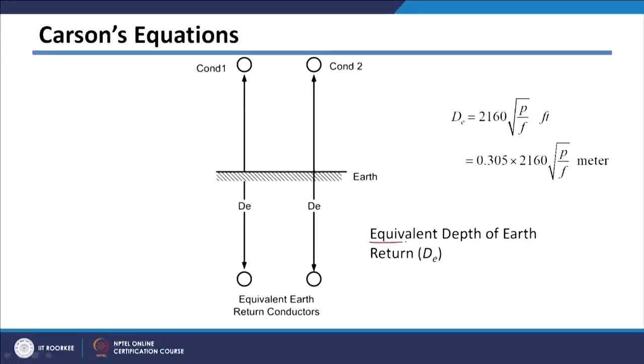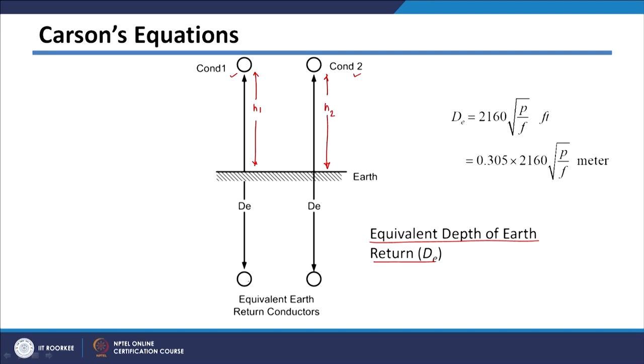So, one of the modifications to the Carson's equation is using equivalent depth of earth return. Using equivalent depth of earth return, the Carson's equations are modified. In this case, if there are two conductors, say this is conductor 1 and this is conductor 2 at some height h1 and h2, to calculate the inductance we consider images of those conductors.